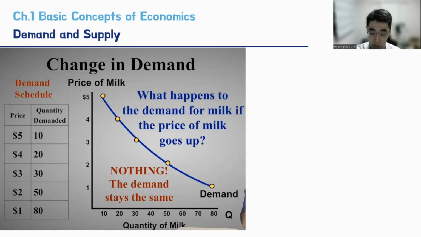So the prices of milk, the prices of things, do not shift the curve right or left, because it's not changing the demand itself. It's only changing the quantity demanded. Okay.